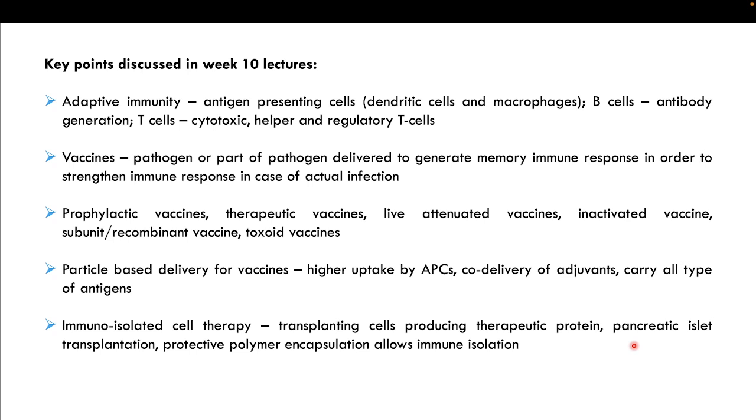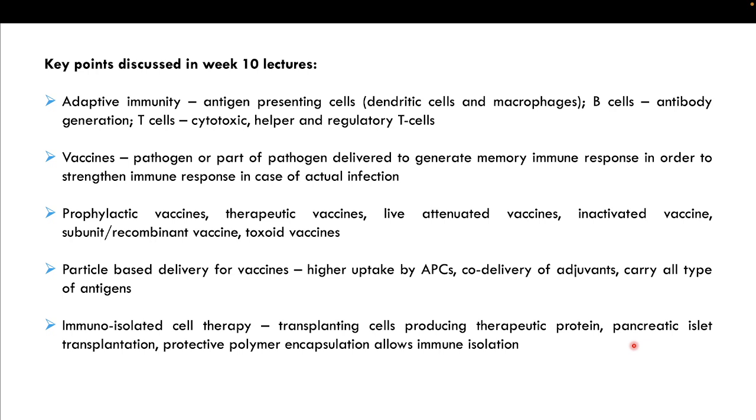So to rectify the situation, you can externally deliver beta cells. Now, if you deliver the patient's own beta cells again and again, the body is still going to think that they are foreign, and it will kill the beta cells.